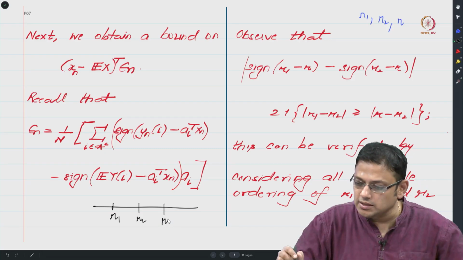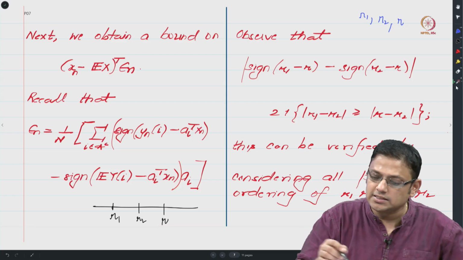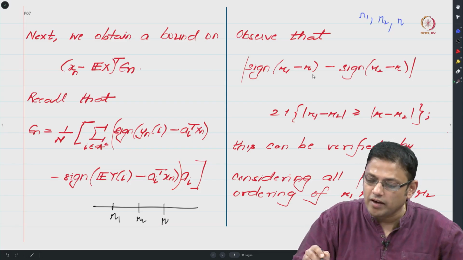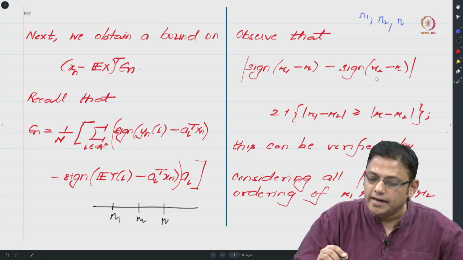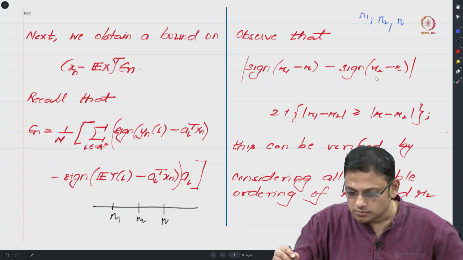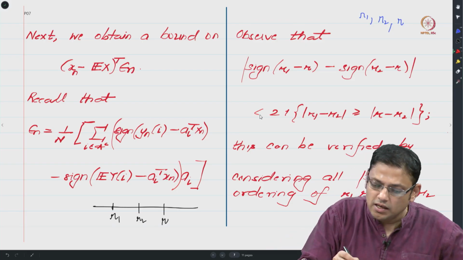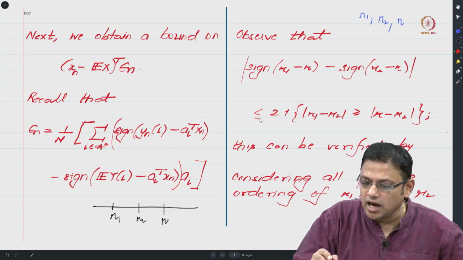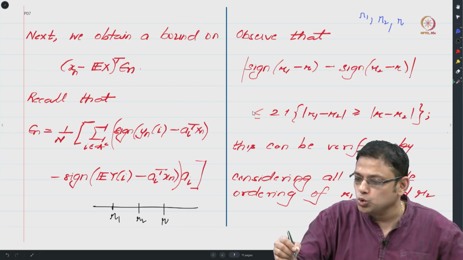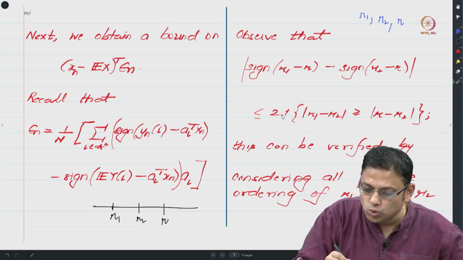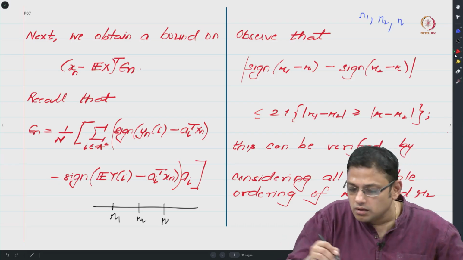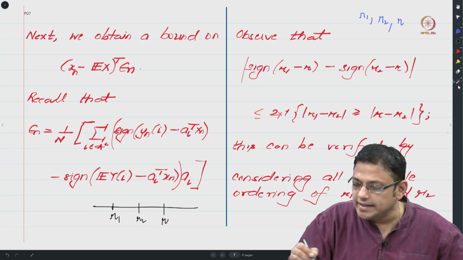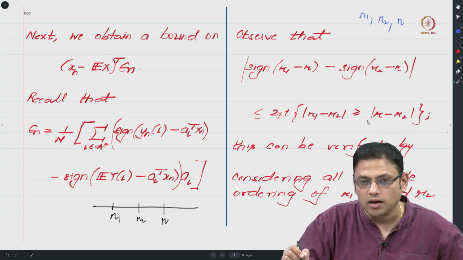Now whatever be these possible orders, one can see that for arbitrary values of R1, R2 and R, it always satisfies the inequality that sign of R1 minus R minus sign of R2 minus R is upper bounded by 2 times the indicator that R1 minus R2 is bigger than R minus R2.